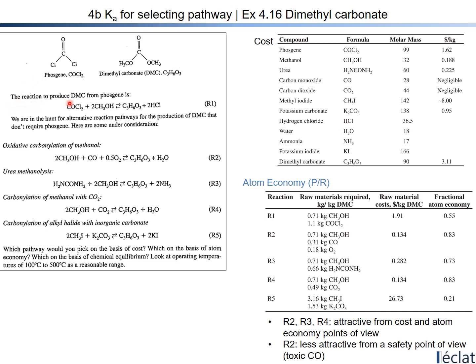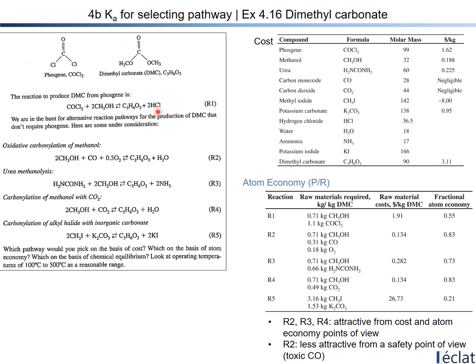The reaction to produce dimethyl carbonate, shortly DMC, from phosgene is: phosgene plus methyl alcohol goes to the desired product, which is dimethyl carbonate, plus hydrochloric acid.